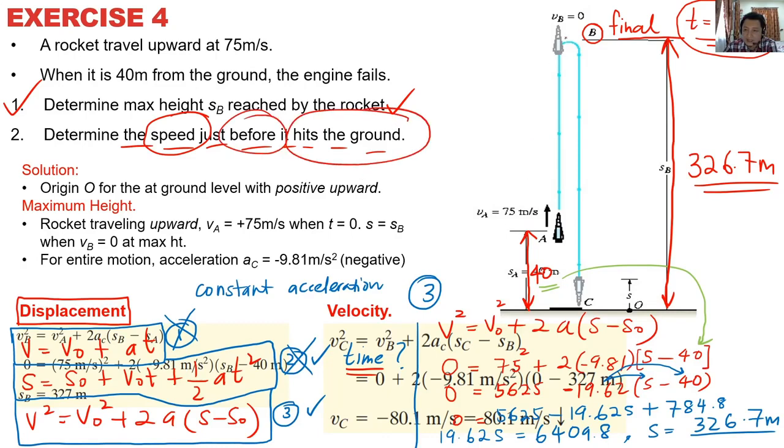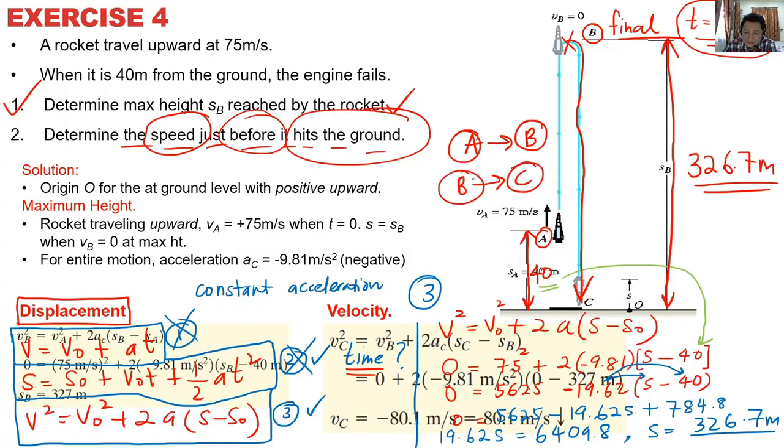So it flies, and now it is here. You want to analyse going down. Just now we analysed A to B, from here up until here. Now we want to analyse B to C. So which formula should we use?